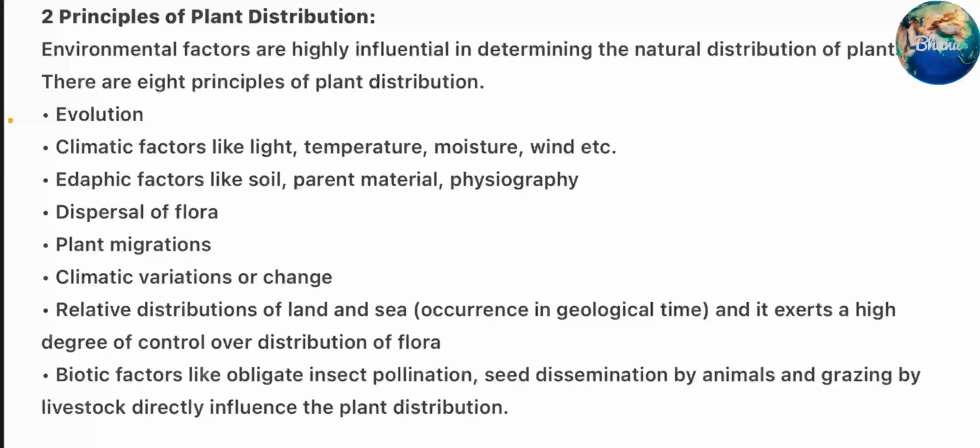Plant migrations. Climatic variations or change. Relative distributions of land and sea, which exert a high degree of control over distribution of flora. Biotic factors like obligate insect pollination, seed dissemination by animals, and grazing by livestock directly influence the plant distribution.